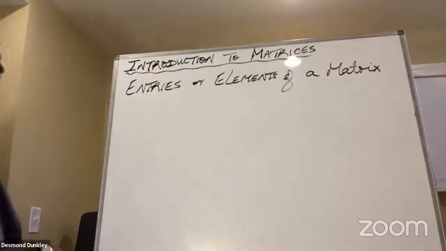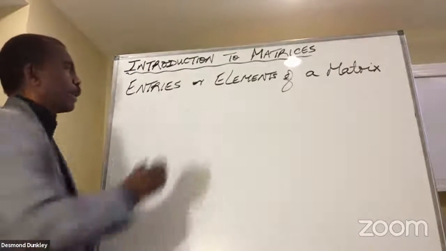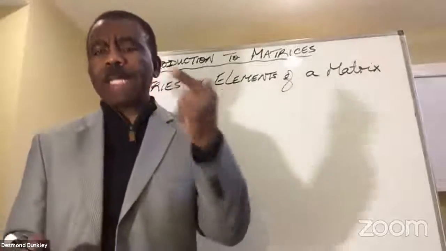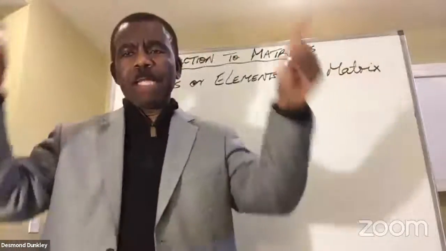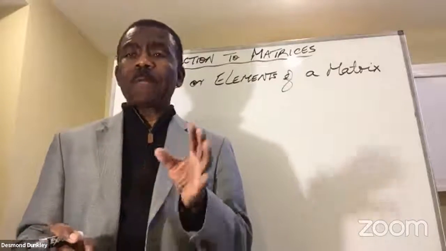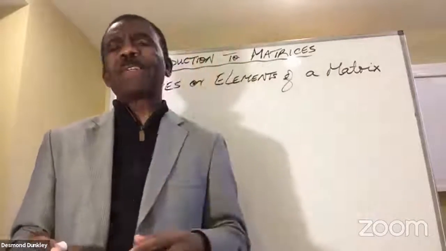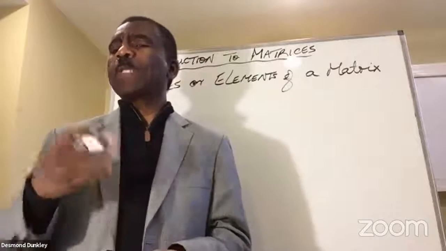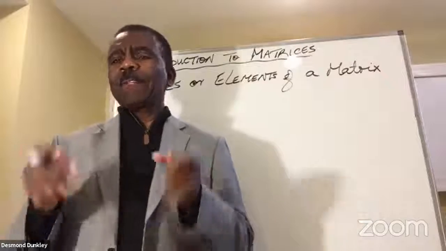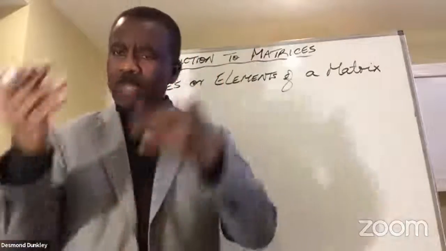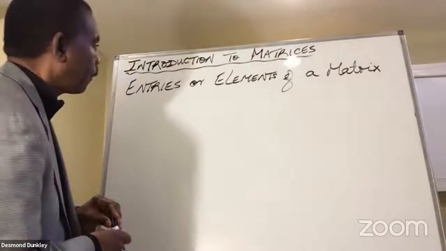We talk about the entries or elements. Those are the individual pieces of data within a matrix. So if you have a 2 by 6 matrix, then you have a total of 12 entries or 12 elements. Okay? And there is a notation, a way to specify a particular entry. I'm going to go through that definition for you.